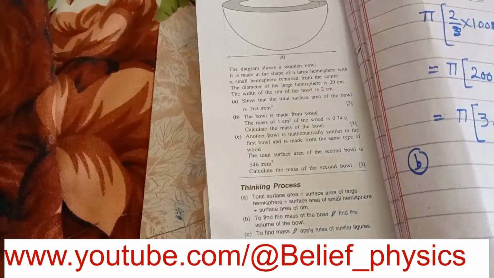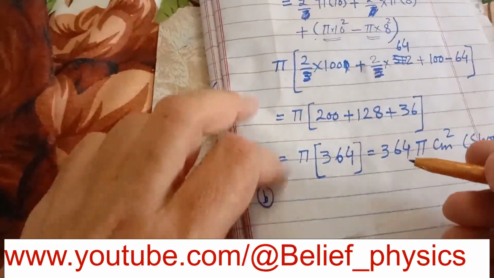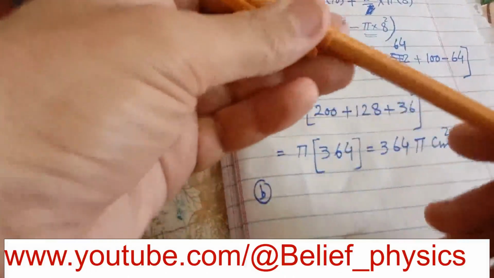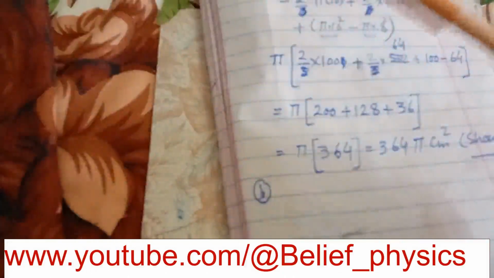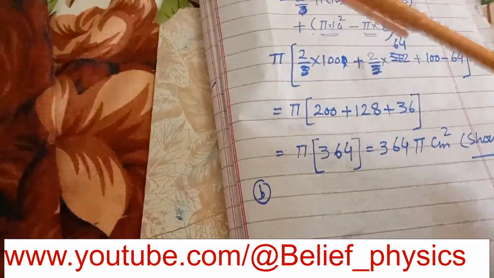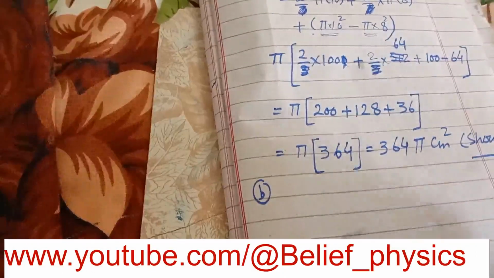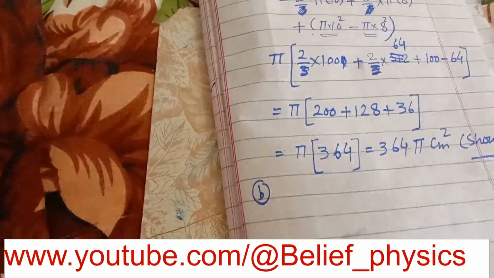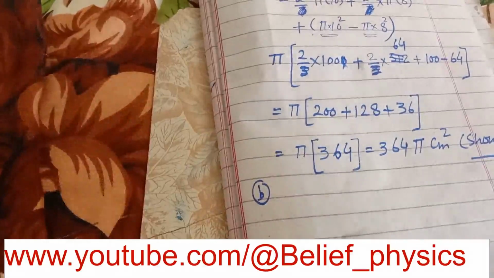Let's do it. We have to calculate the volume of the wood. So this will be equal to the total volume of the outer hemisphere minus the total volume of the inner hemisphere.